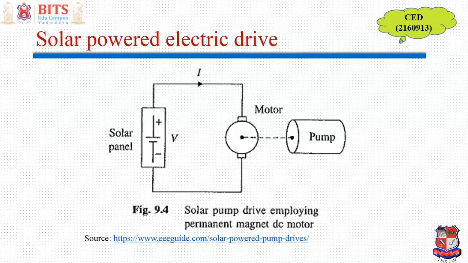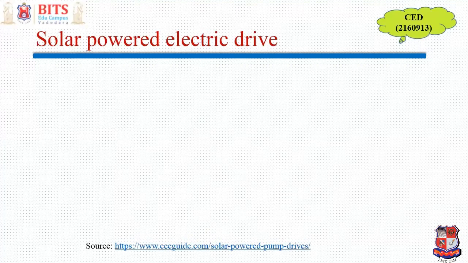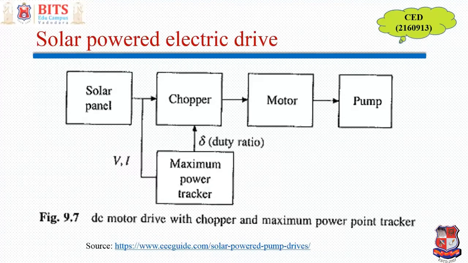So that is a control requirement, but that is the control part of the solar power drives. This is how the control of a solar power drive is done. So this is a pump. The pump is run by a motor. At present, this is a DC motor which we have assumed. The DC motor is controlled by a chopper, and the chopper is controlled by a duty cycle ratio, and the maximum power tracker, which I have already talked about.